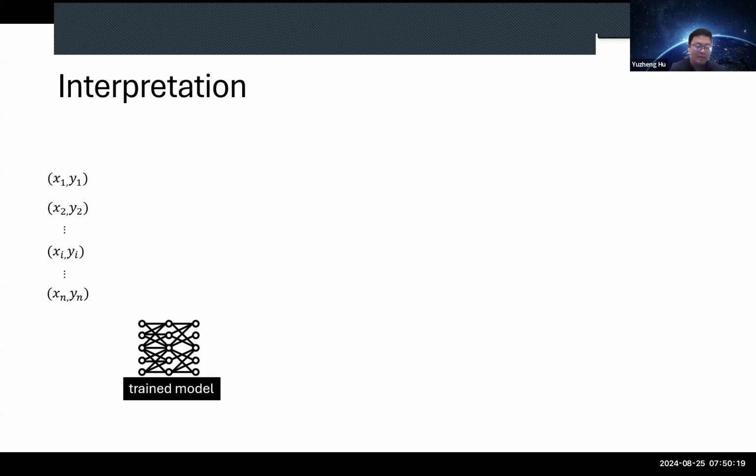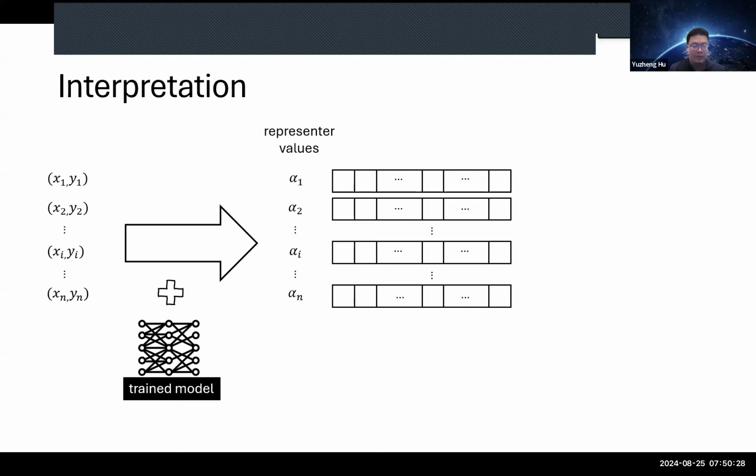And then we also have different samples, from (x1, y1) to (xn, yn). We can just use the previous formula to calculate these representative values for each i. For each i, the representative value alpha_i is a C-dimensional vector.